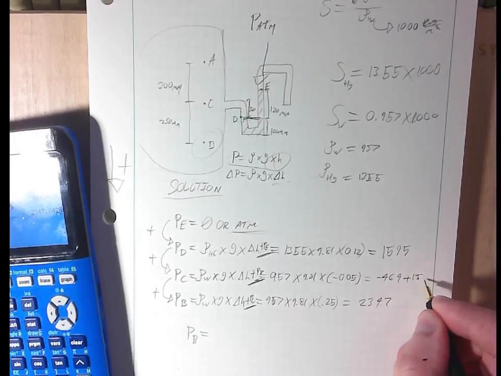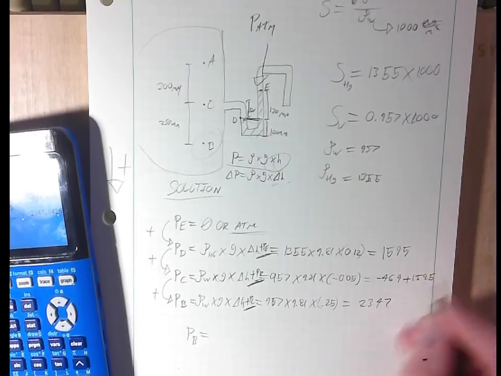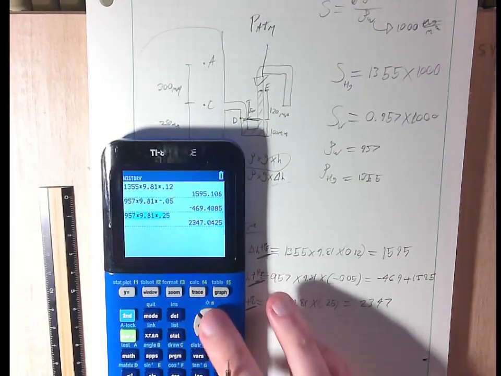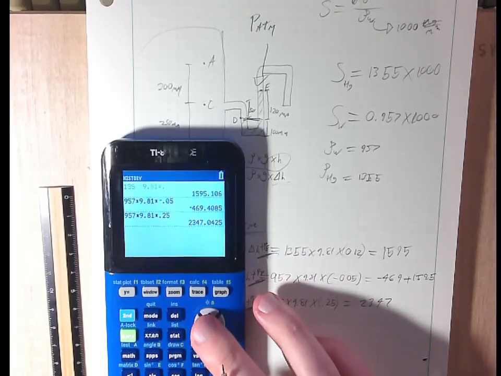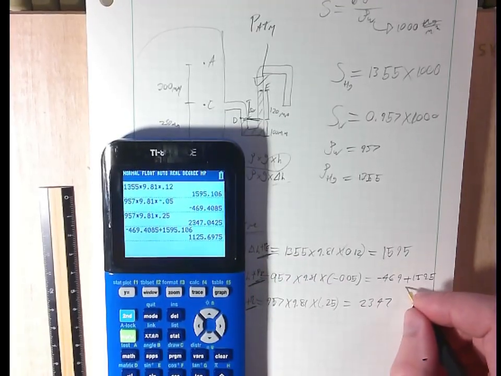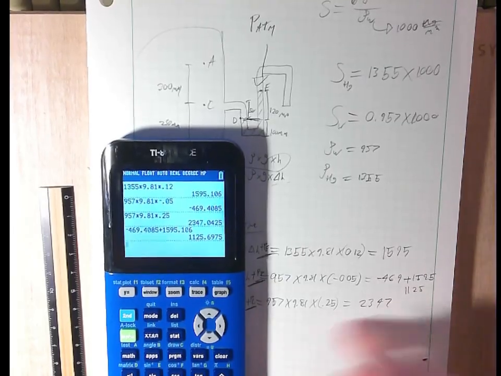plus 1595. So let's add those together. So this is actually 1125.